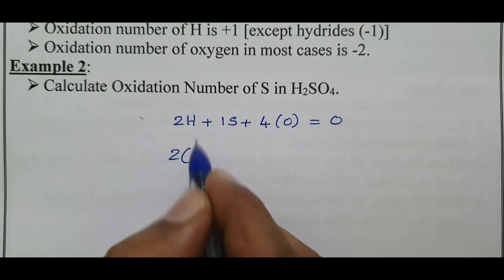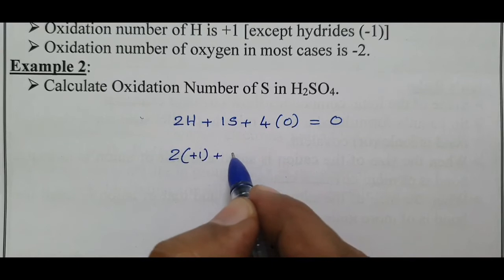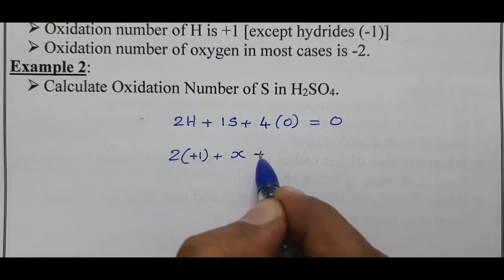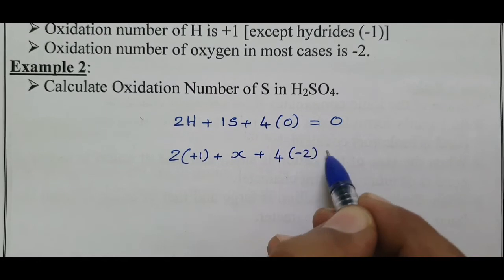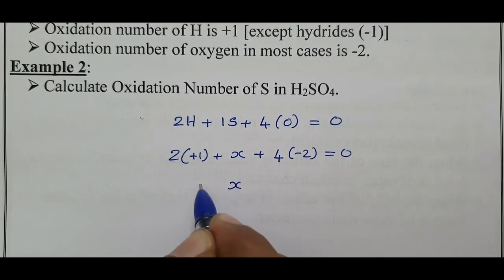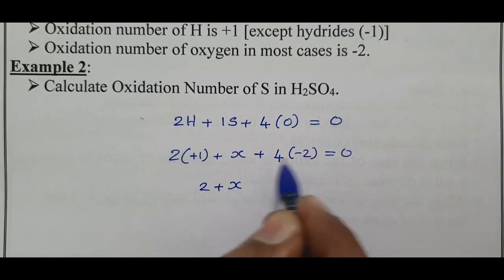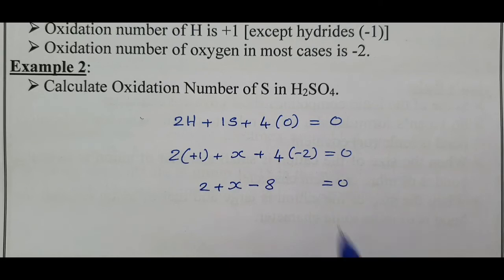For the 2 hydrogens the oxidation state is +1, and we have to find the oxidation number of sulfur. Therefore, put it as x plus 4 oxygens with oxidation state -2, equal to 0. Now x plus 2 is 2, plus 4 into -2 is -8, equals 0.